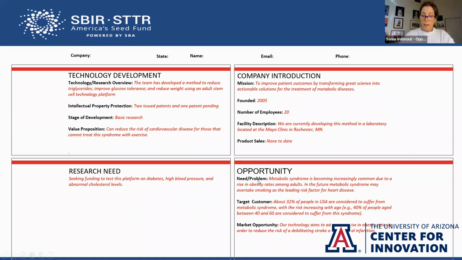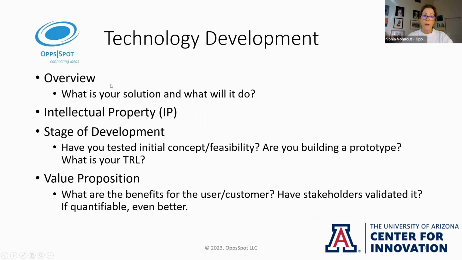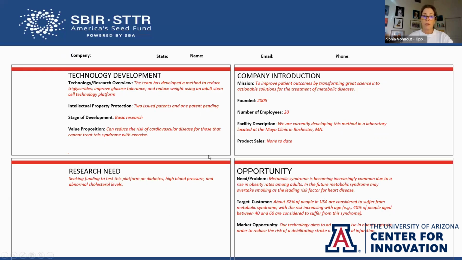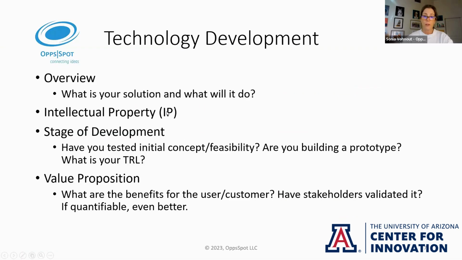Opportunity: here again, it's talking about the need and the problem, the target customer. So I guess in this particular case, they split the value proposition into your target customer and your market. And the following slides talk about a little bit more about what these sections say, but without the example in red.